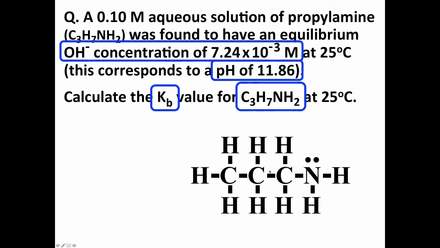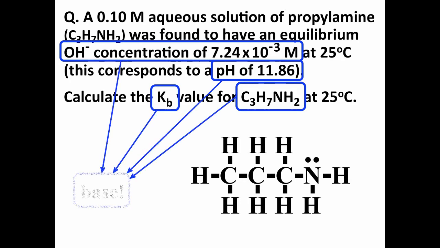Some carbon hydrogen region of the molecule, and then this is an amine, so it's kind of like ammonia, with, instead of 3 hydrogens bonded to it, 2 hydrogens and then some carbon stuff over here, and there's a lone pair, which makes this a very good proton acceptor. So we have a lot of things that indicate we're dealing with a base.